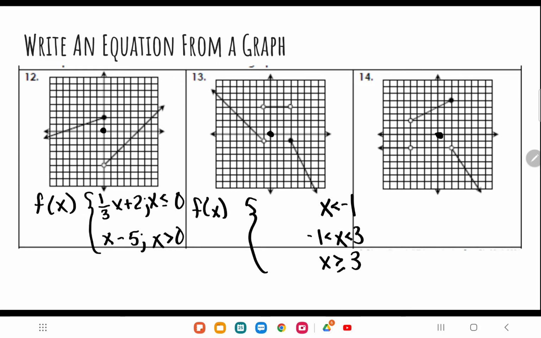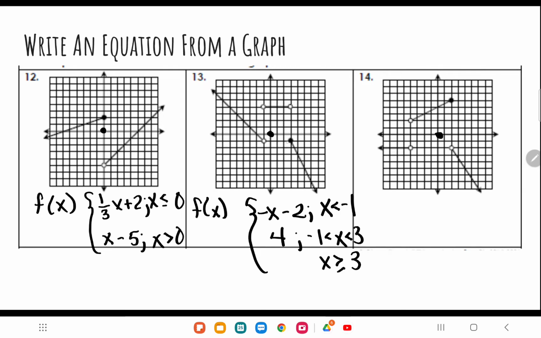My first one, I notice that this has a slope of -1, and if I were to continue this line, it would have a y-intercept of -2. So there's my first part of my equation. My second piece is a constant function, and that constant function is valued at 4.